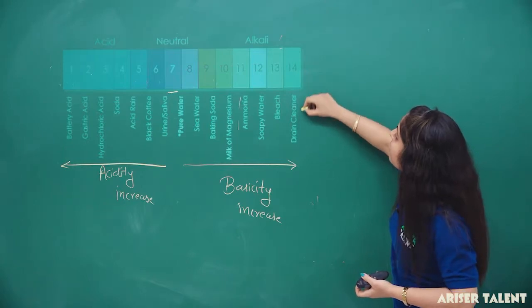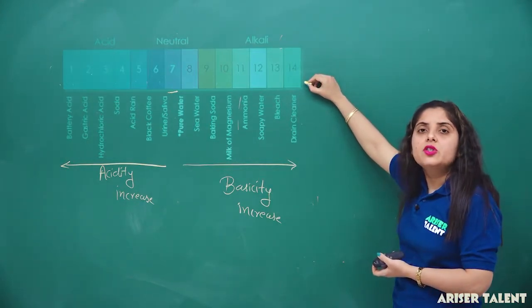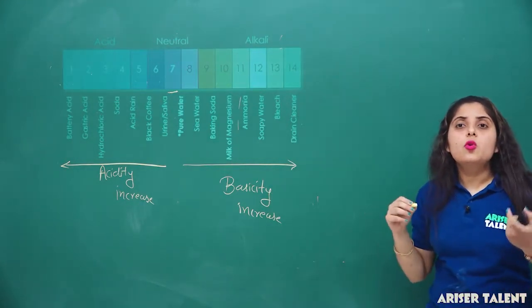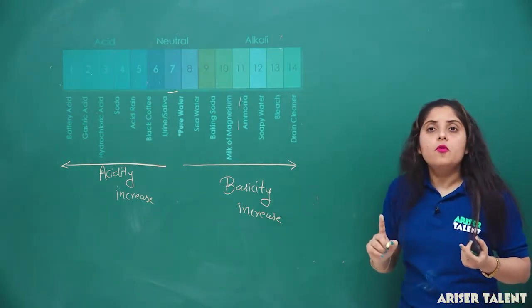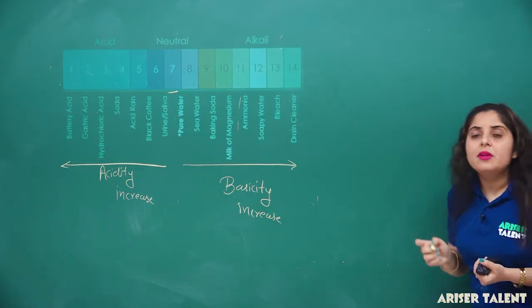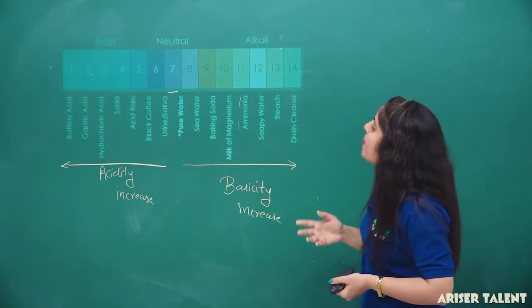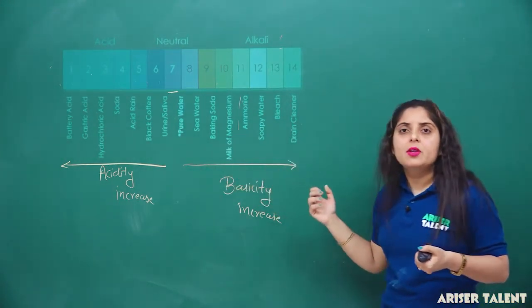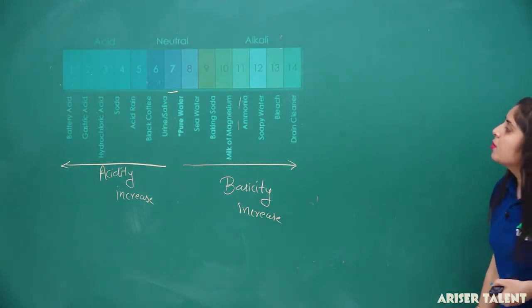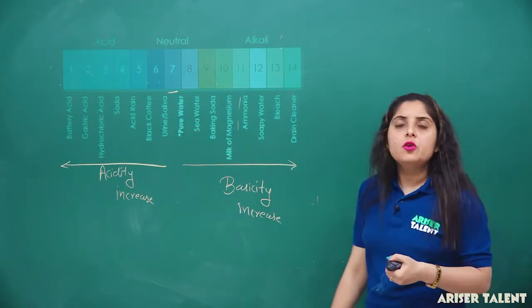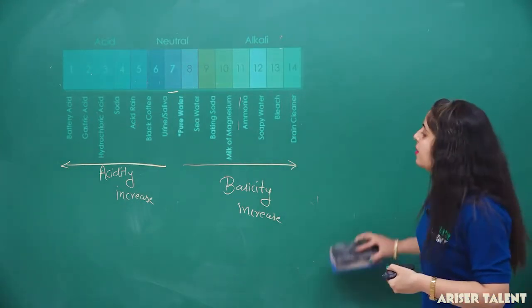If I am considering the drain cleaner, it has a pH of 14. If I am considering sodium hydroxide, a strong base, it will have a pH of 14. I hope this table is clear to you, from the examples, how acidity and basicity increase. Now we will understand the pH of a solution in an easier way.